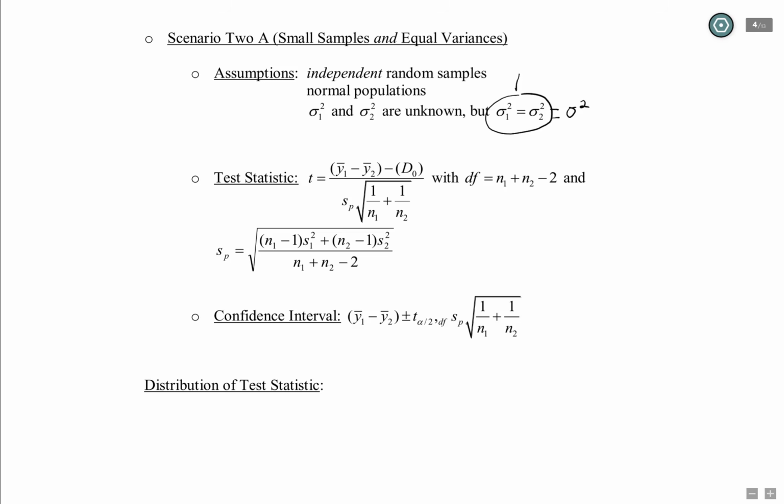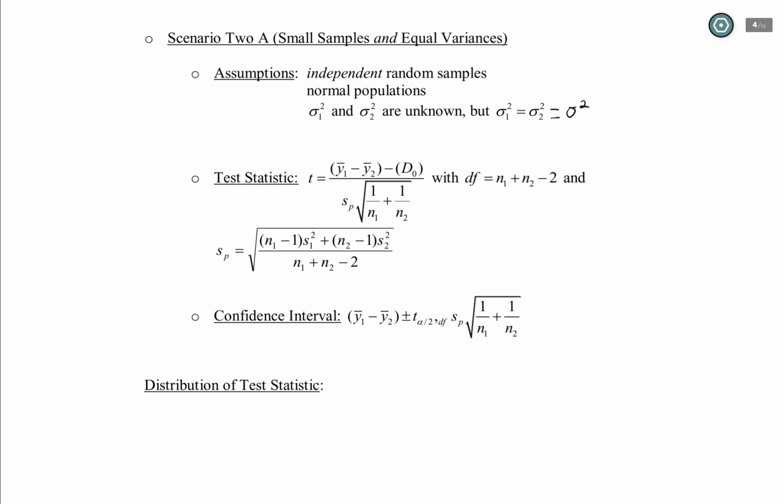For now, we just look at the sample variances, and if they are pretty close, a rule of thumb is that if one standard deviation is not twice the other, it's okay to go forward with the equal variance assumption.